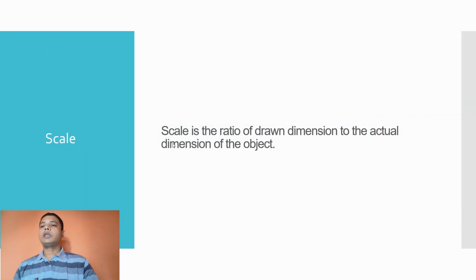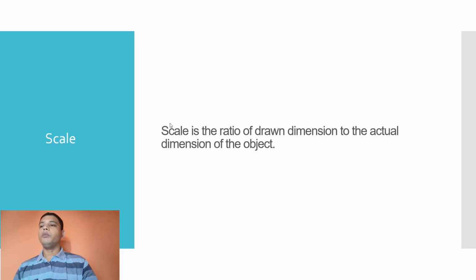Scale. A scale is the ratio of drawn dimension to the actual dimension of the object. That means whenever I am drawing a machine part, maybe that machine part has bigger dimensions, which is not feasible to put into the standard drawing sheets. Then in that case, we may reduce the actual dimensions, or we may increase the dimensions from its true form.